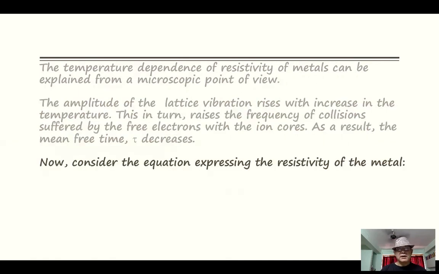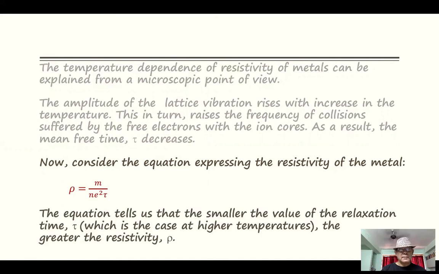Now consider the equation expressing the resistivity of the metal, rho equal to m divided by n e squared tau. The equation tells us that the smaller the value of the relaxation time tau, which is the case at higher temperatures, the greater the resistivity rho.